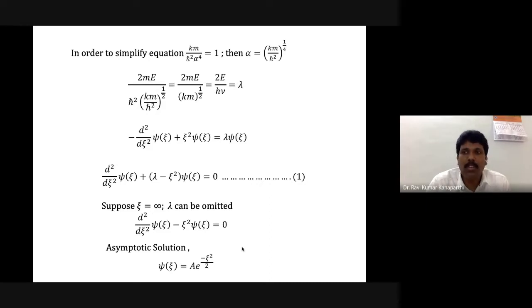So that is the boundary condition that we have introduced. Based on that, and also based on physical intuition and simple mathematical knowledge, we have introduced the asymptotic solution, a solution exclusively valid at the larger displacement of the simple harmonic oscillator.